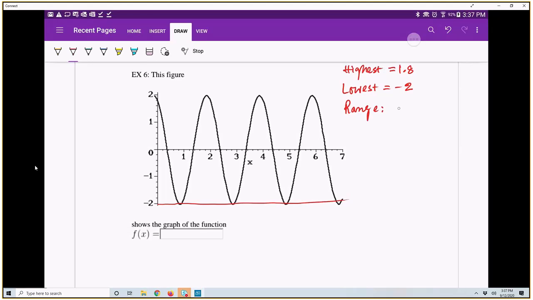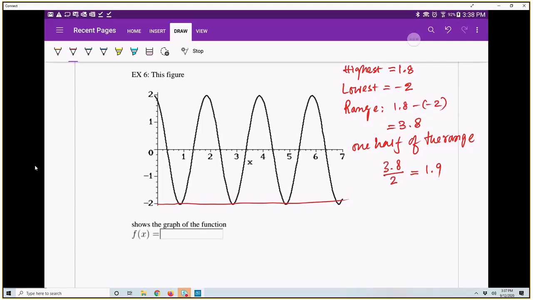So the range of this graph is 1.8 minus -2, highest minus lowest, which is 3.8. So 1/2 of the range should be 3.8 all over 2, and that is 1.9.